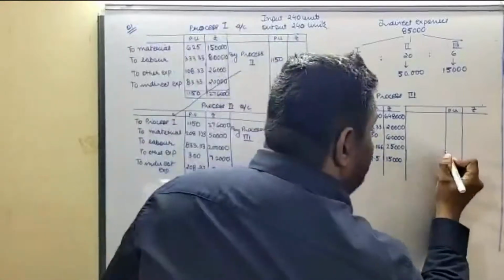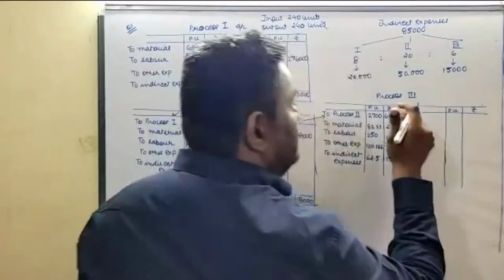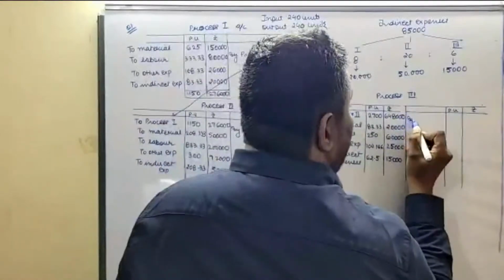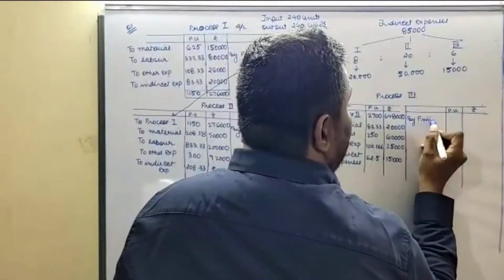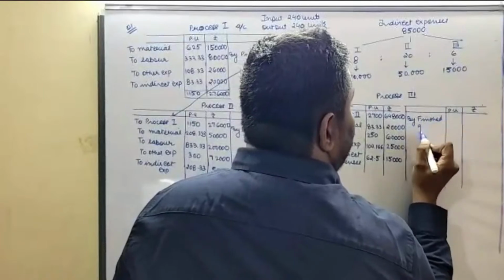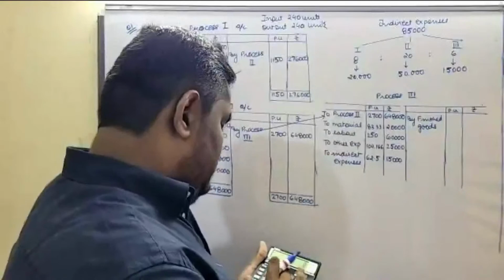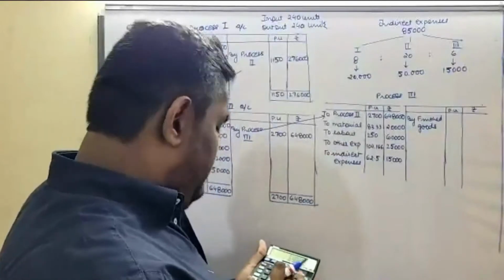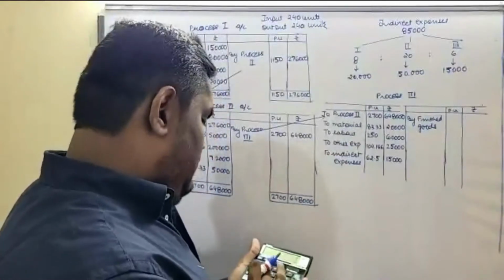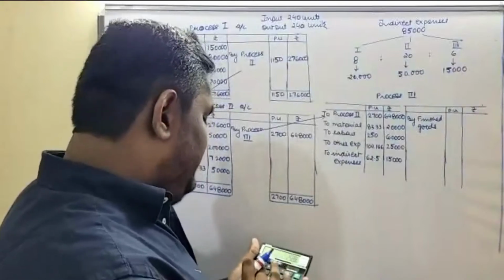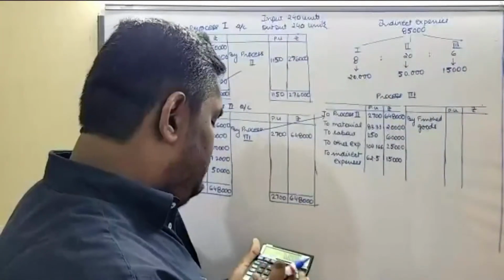Now this is the last process. Therefore, output of process third is to be transferred to finished goods account. So by finished goods, 6,48,000 plus 20,000 plus 60,000 plus 25,000 plus 15,000.